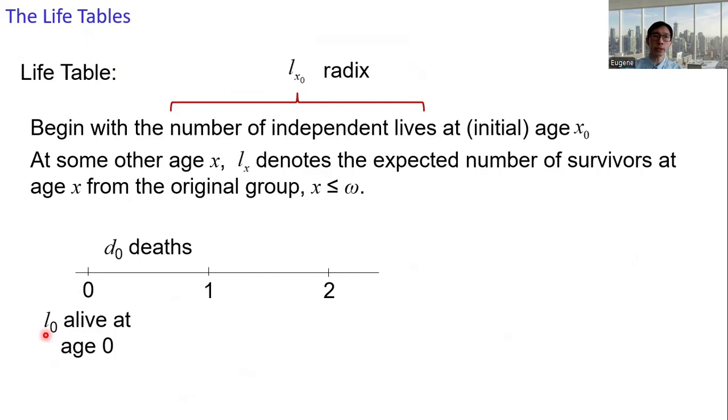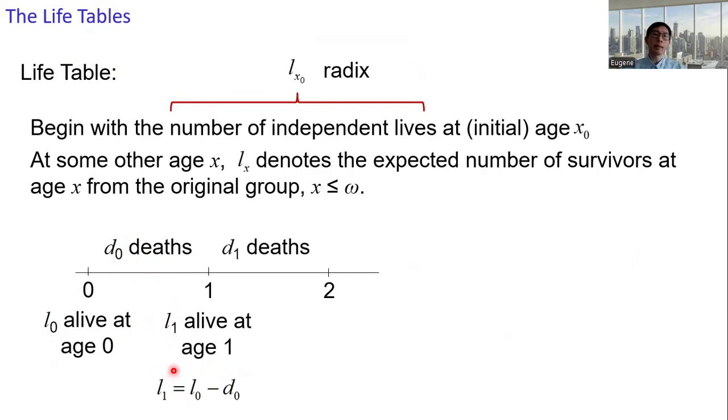By the end of the first year, only l1 remain, l1 survivors. We can link the three quantities l0, l1, and d0 by this expression: l1 equals l0 minus d0. Starting with the number of survivors at age 0, which is l0, less the number of deaths, which is d0 in this year, we get the expected number of survivors reaching age 1.